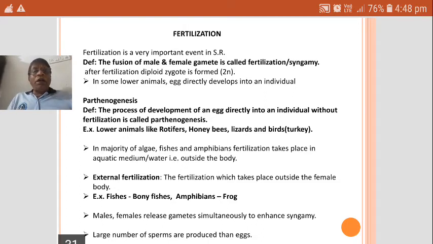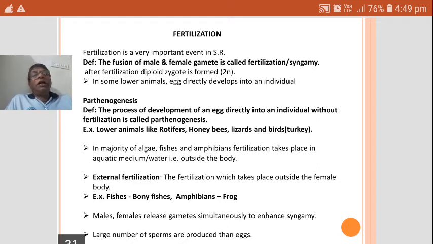The union of male and female gamete is called fertilization. What happens after fertilization? After fertilization, diploid zygote is formed. Okay, the zygote is diploid.